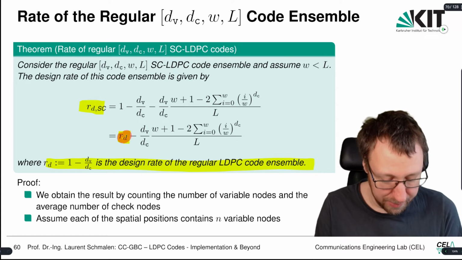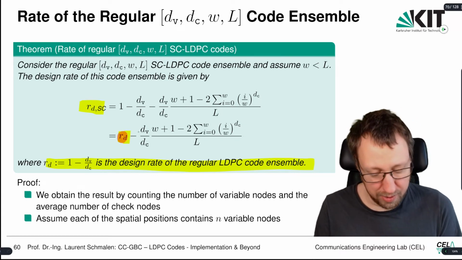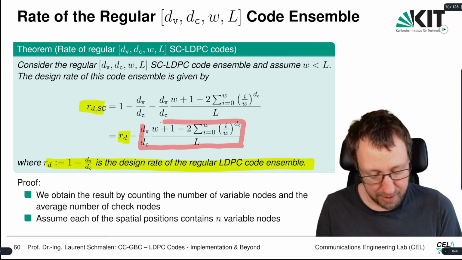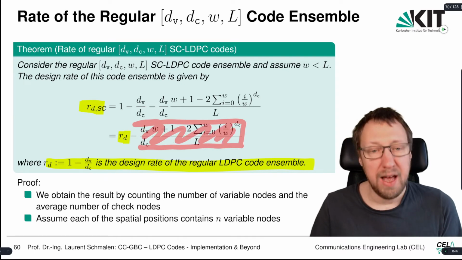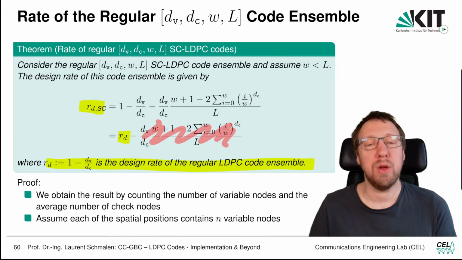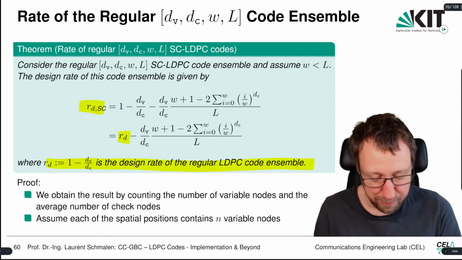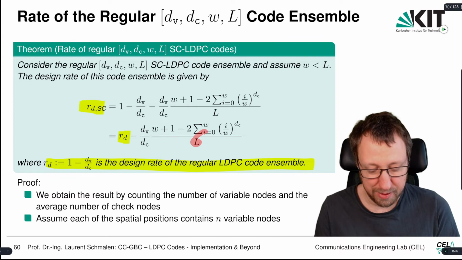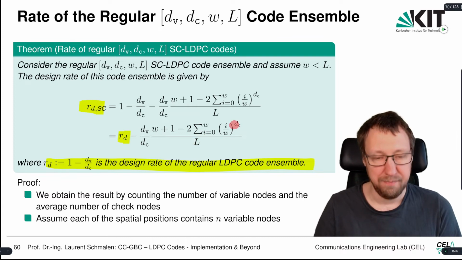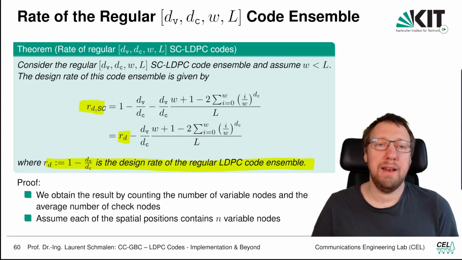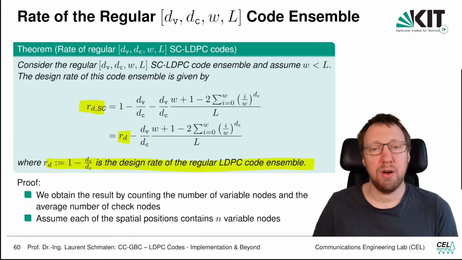So it's the rate of the underlying LDPC code minus a correction term. This correction term is the one that we're going to calculate next. It's rather simple. It just depends on W and L and on dc. And again, it's a combinatorial exercise to get to this correction term, and it's just counting.